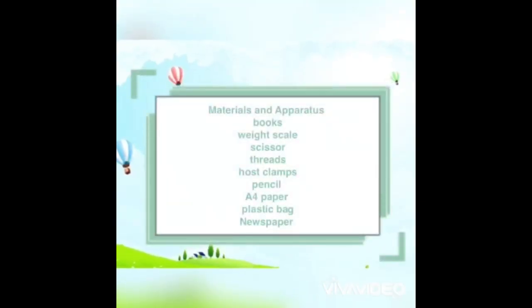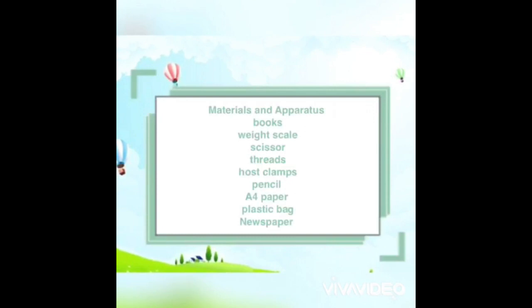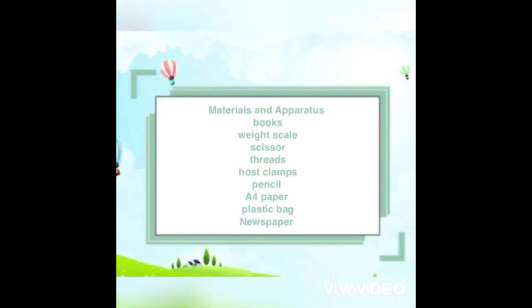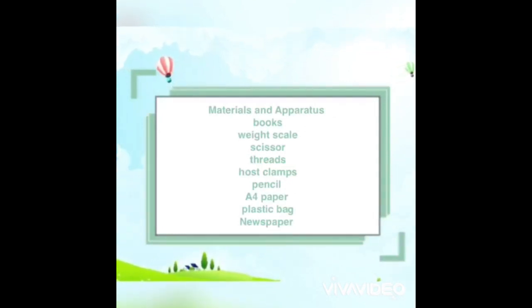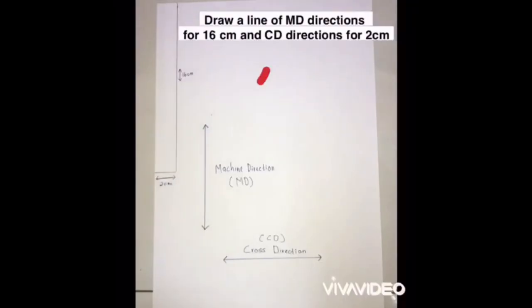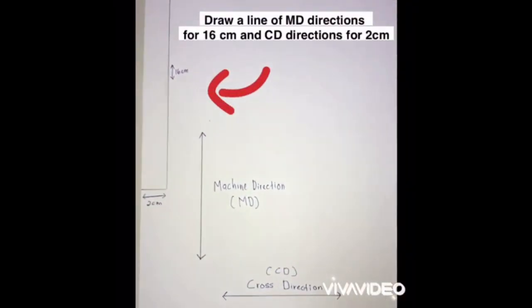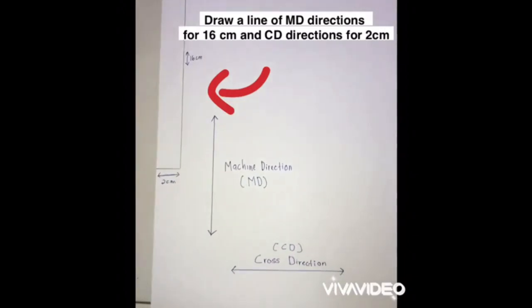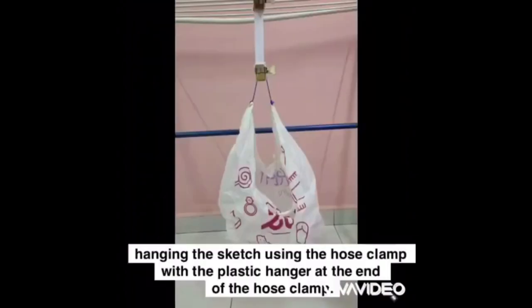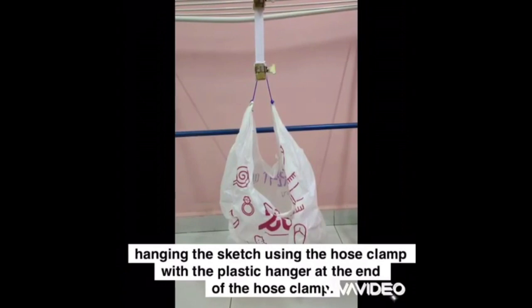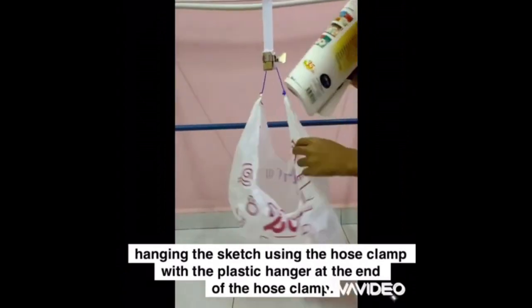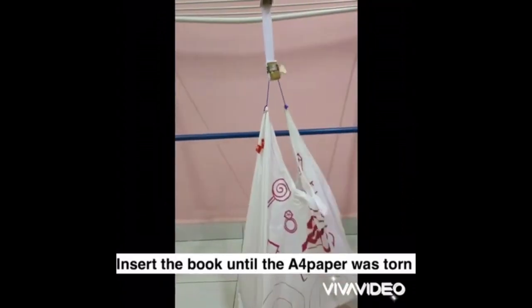Mini experiment. Apparatus and material needed: books, weight scale, scissor, thread, hose clamp, pencil, A4 paper, plastic bag, and also newspaper. And then draw a line of MD direction for 16 cm and CD direction for 2 cm. The next step is hanging the sketch using the hose clamp with the plastic hanger at the end of the hose clamp.